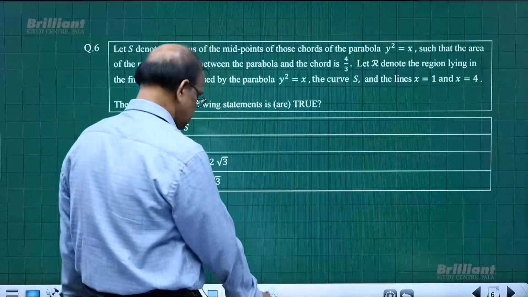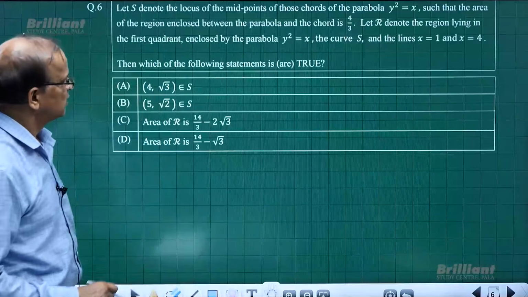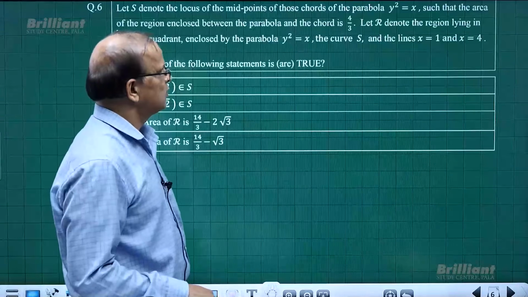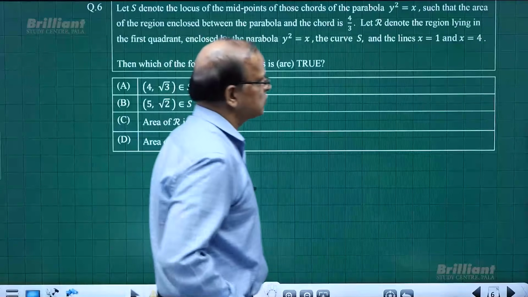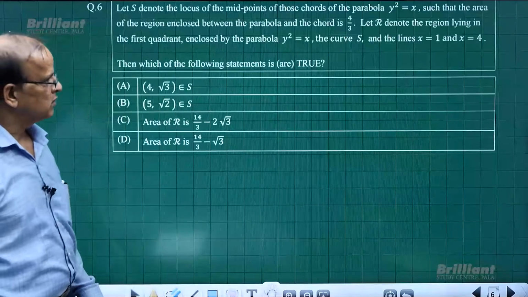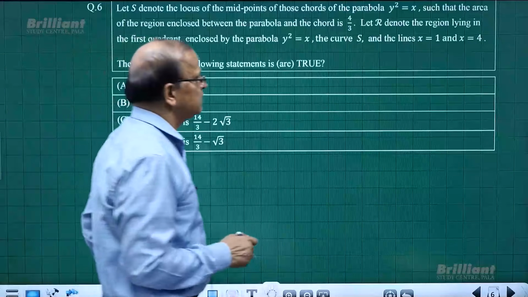Now, here, let S denote the locus of midpoints of those chords of the parabola y square equal to x such that the area of the region enclosed between the parabola and the chord is 4 by 3.